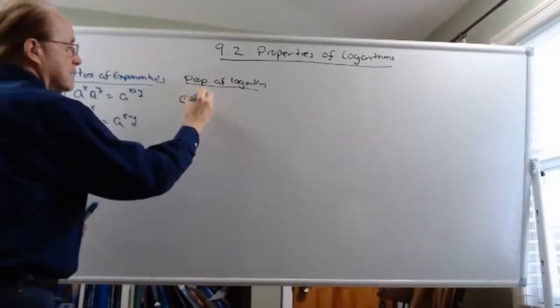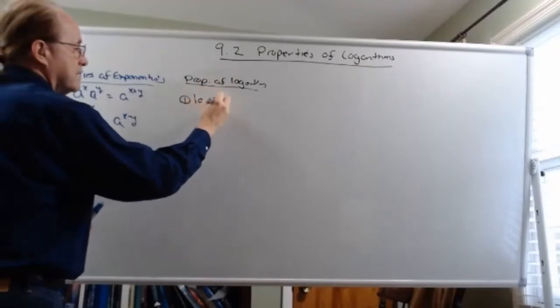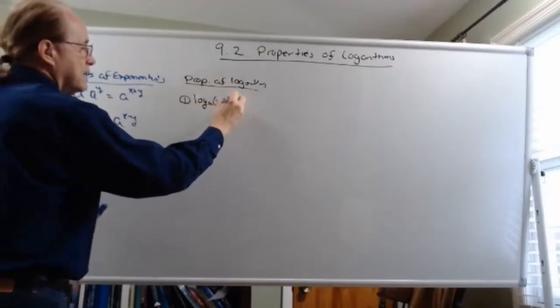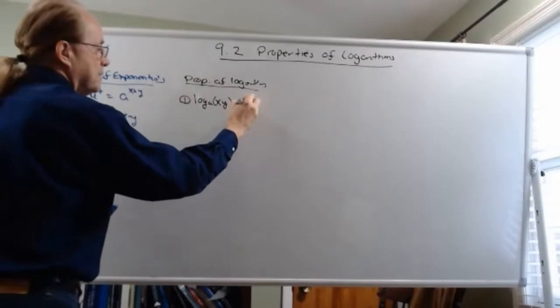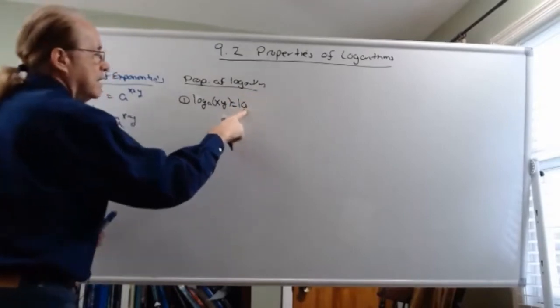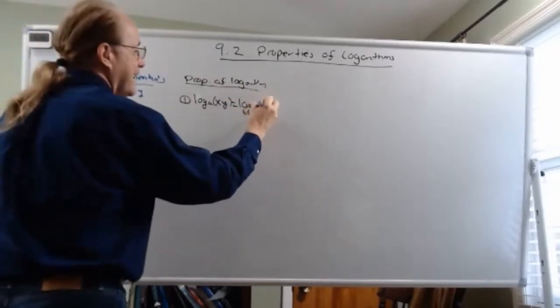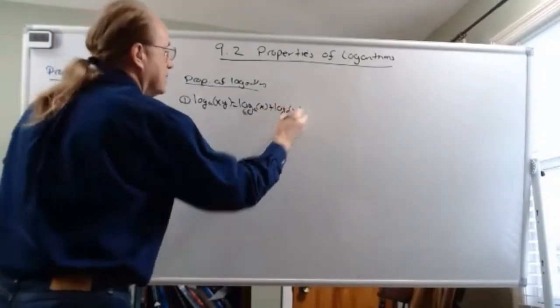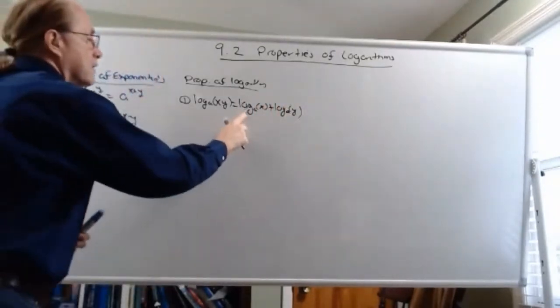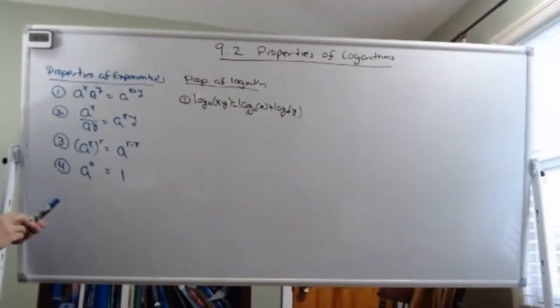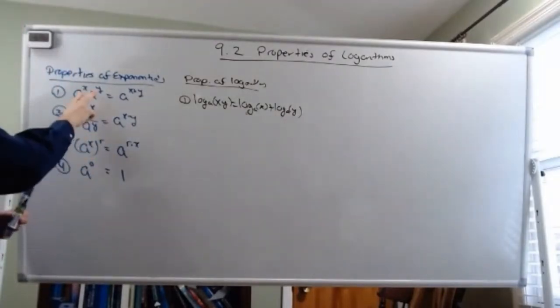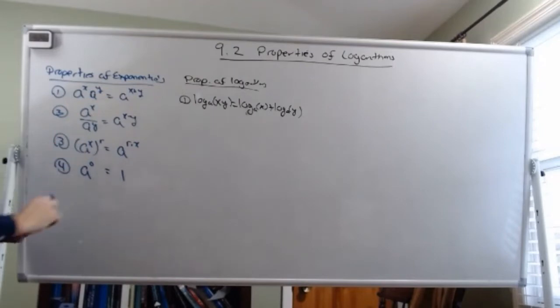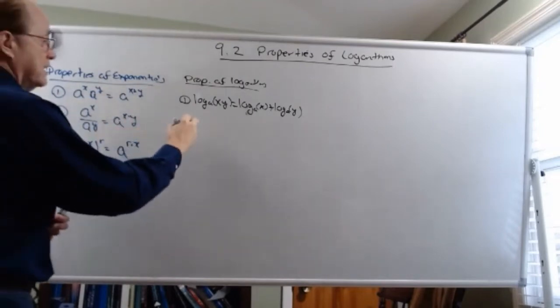So if I take the log in the base a of the product x times y, it's equal to the log in the base a of x plus the log in the base a of y. Because in essence, it turns a multiplication into a summation.